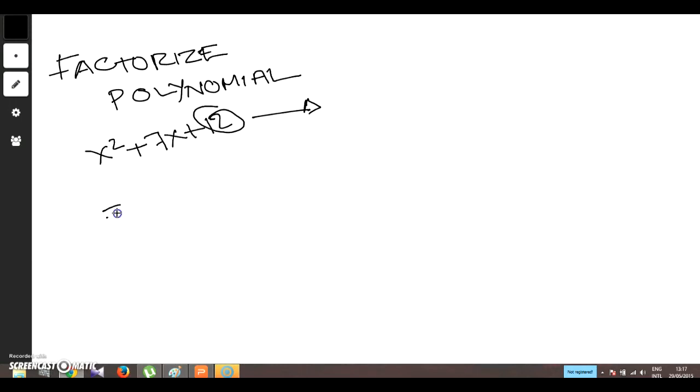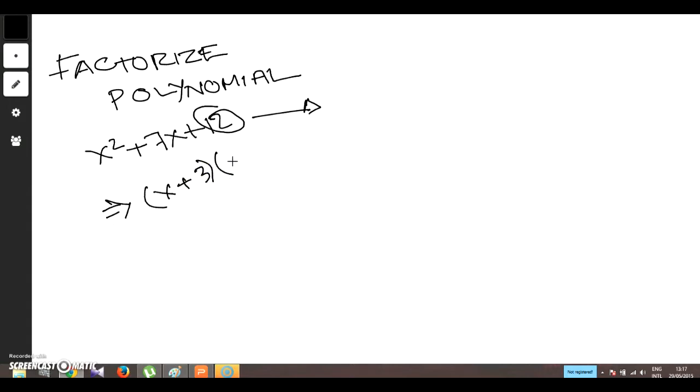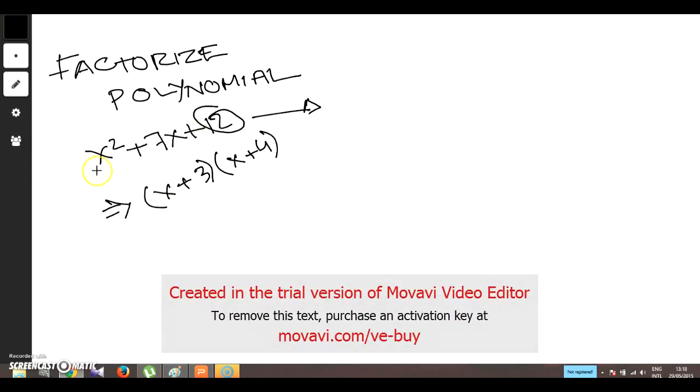So we can say (x plus 3) whole bracket (x plus 4). We can write this polynomial in a factorized form like this.